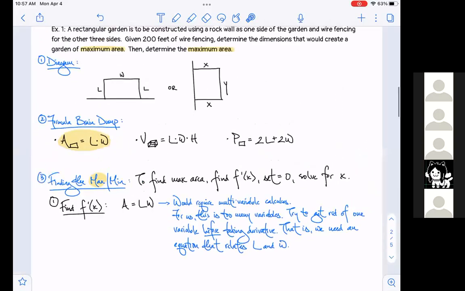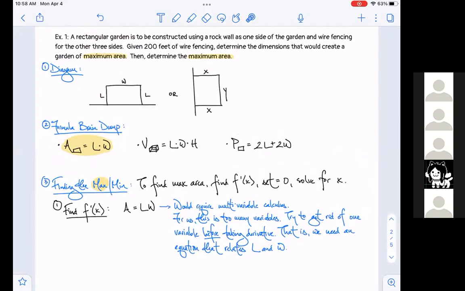Now, it turns out that in our formula brain dump, we actually came up with a way to help us relate something. And in talking about our picture, like how we drew our picture, that we only have wire fencing on 3 sides of it, and as Stefan astutely found out, there's only a limited amount of that wire fencing, right?